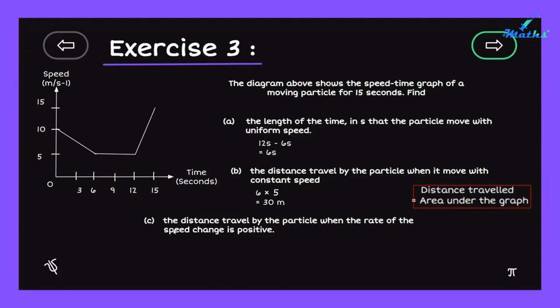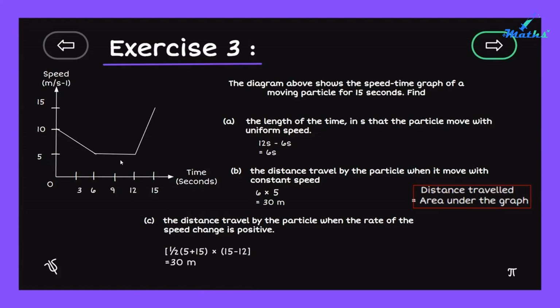Next, the distance traveled by the particle when the rate of change of speed is positive only. So here it is negative. Here the rate of speed is 0. Here is negative. Here is positive. So we find the area under here, which is a trapezium shape.